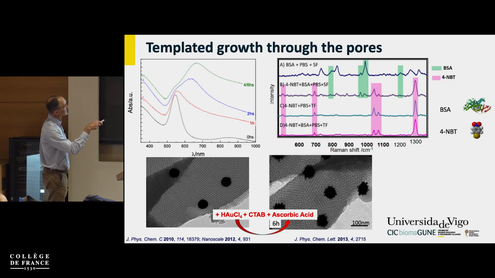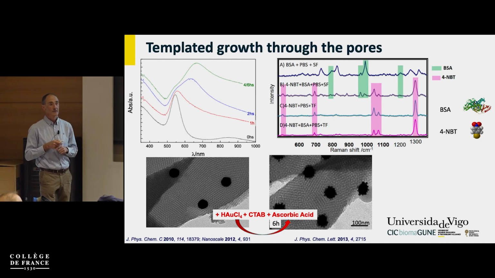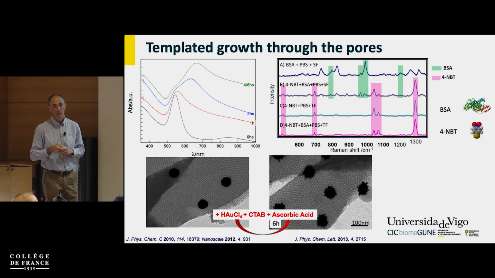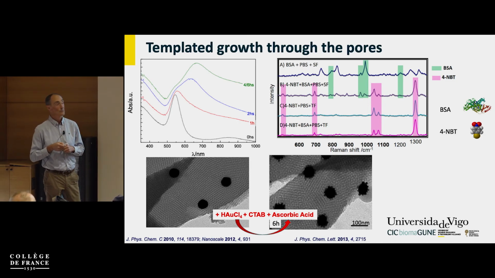And what we measure here are mainly the signals of BSA, because we only have BSA. So the conclusion here is that in this case, the trick didn't work, because we should not be able to measure BSA according to the cartoon, right? If we do the same thing with a mixture of BSA and MBT, we measure both the signals of the protein and the molecule. So again, it didn't work.